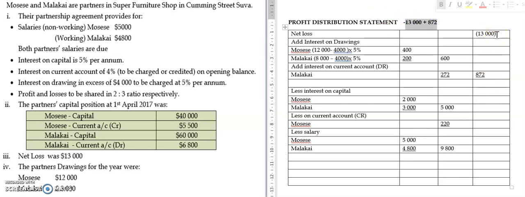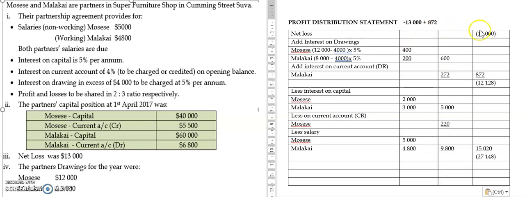Because it's a loss, so we say it's negative 13,000, and then to your loss you are adding interest on drawings and interest on current account of 872. 13,000 from 872, we get still a loss of 12,128.